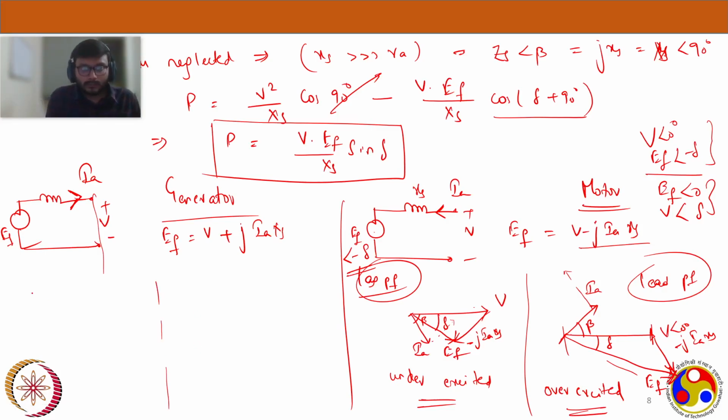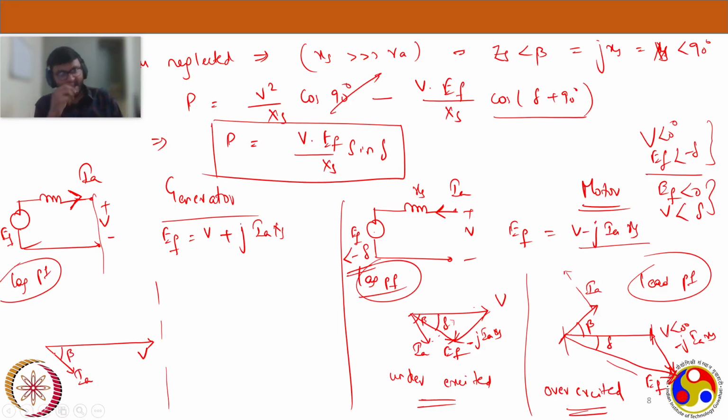Now let's say it is supplying to the lagging power factor. I take V as a reference, and it's a lagging power factor, the concept is the same. IA is at the power factor angle. Now what I have to do is V plus jIA Xs. jIA Xs will be perpendicular to this one, and a parallel line to this. This is jIA Xs, and V plus jIA Xs would be my excitation voltage EF.